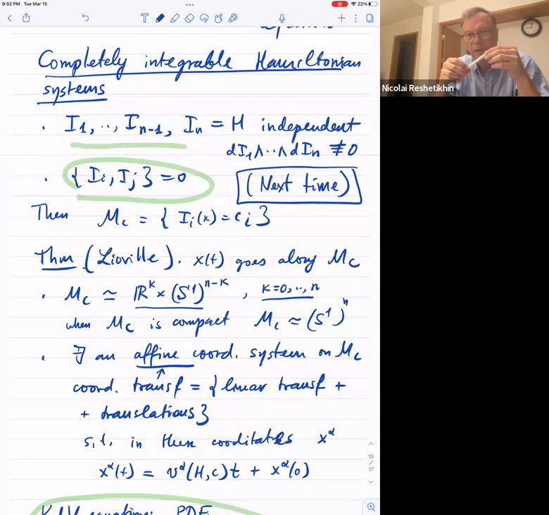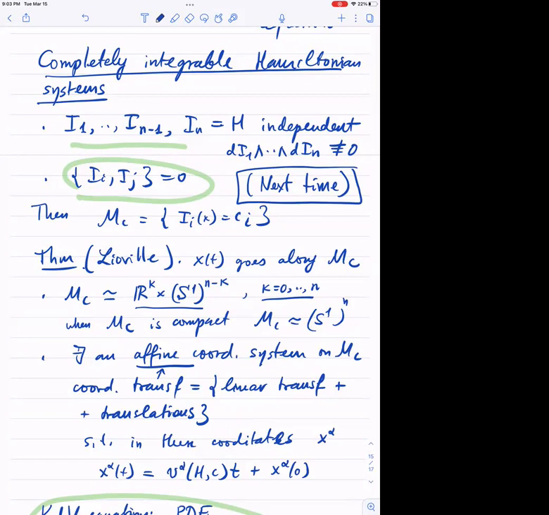Normally, when people say solvable systems, typically it means integrable systems. In many cases, especially in the physics community, the terminology is somewhat loose, but that's what people usually mean. Okay, thanks.